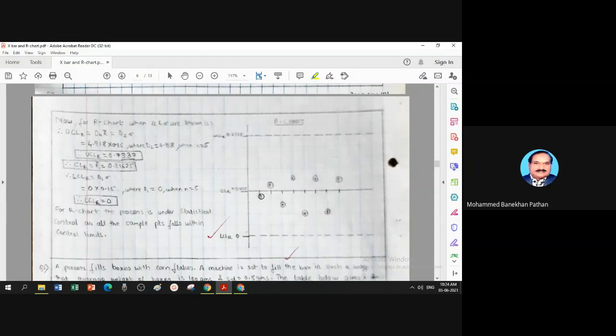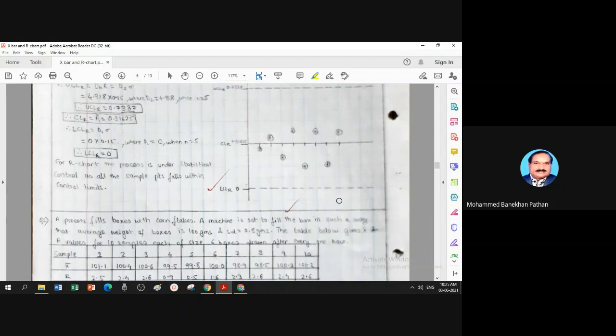The points go up, come down, go up, come down in a sequence. There is a random phenomenon, no doubt, but still a little doubt.